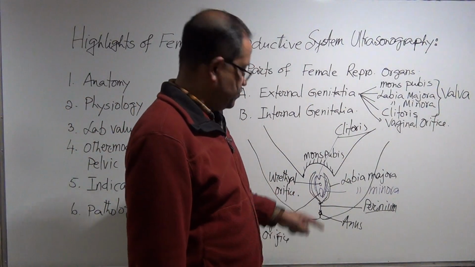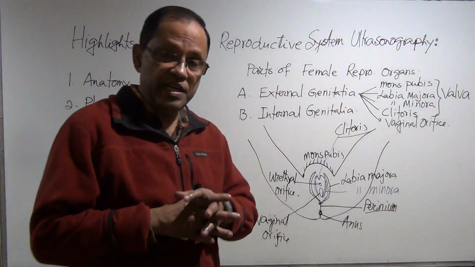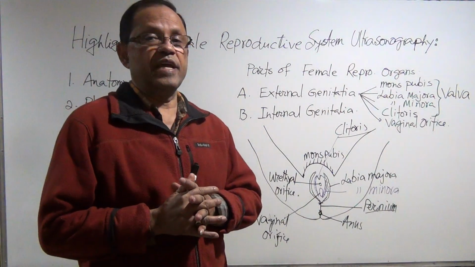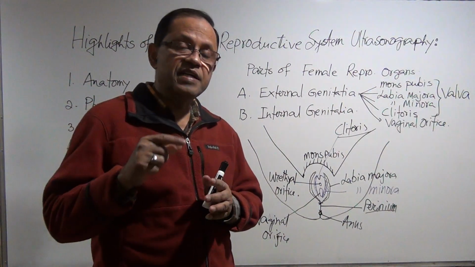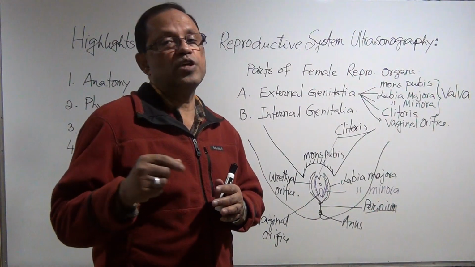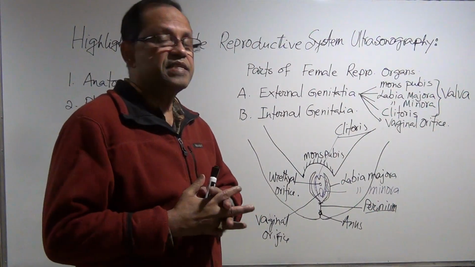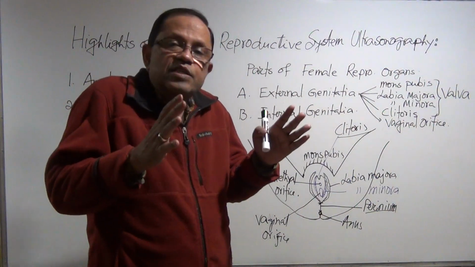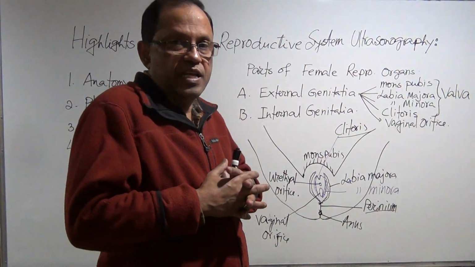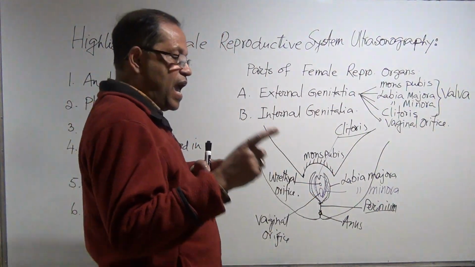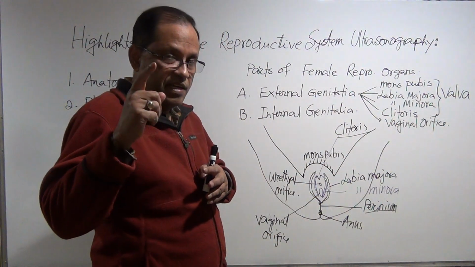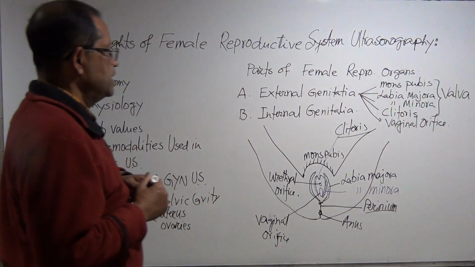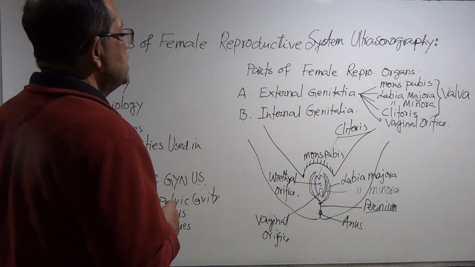Sometimes when transvaginal examination is contraindicated, we can also see the female reproductive organs by inserting the probe through the rectum, because those organs are so close together. That's why you need to know the anatomy very nicely, especially the anatomical relationships. So this is the external genitalia.